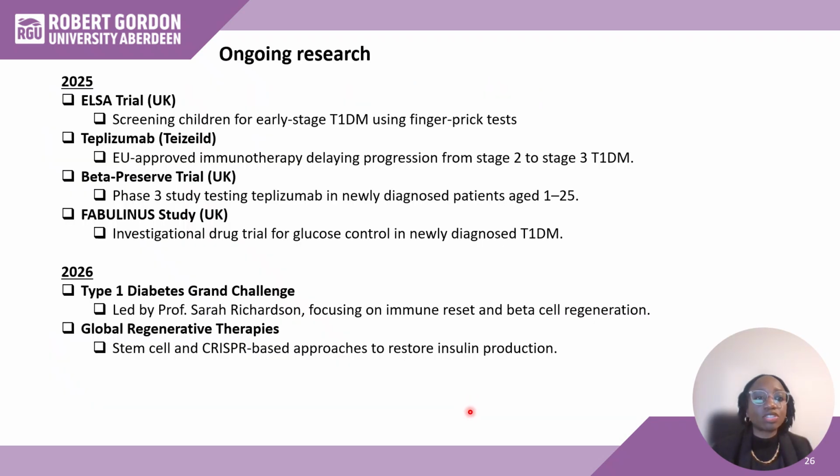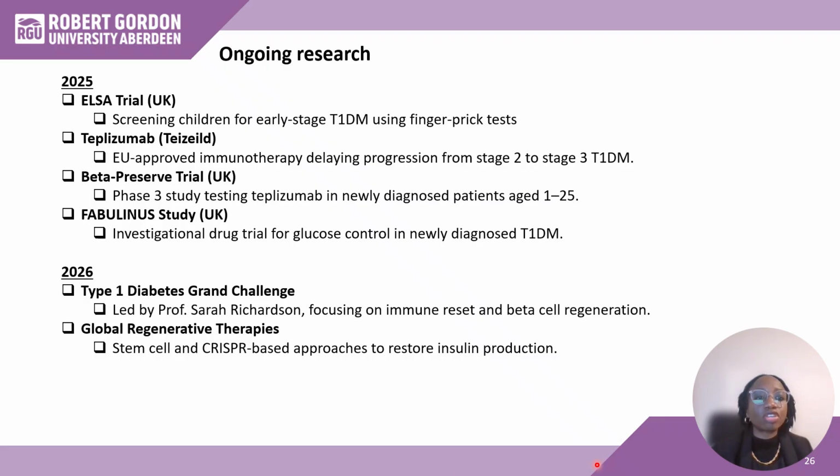So when I mentioned ongoing research with regards to type 1 diabetes, in the UK we have the ELSA trial ongoing right now, where they're screening children for early stage type 1 diabetes just using a finger prick test. I'll include some resources on the Moodle page if you want to go and have a look.